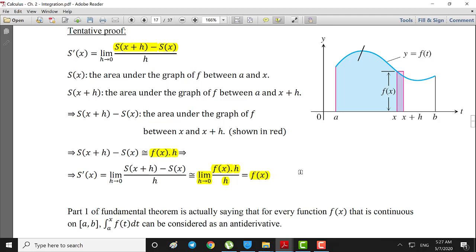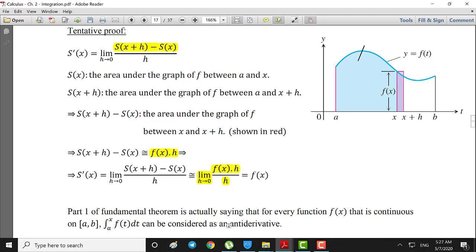Okay? Now, part 1 of the fundamental theorem is actually saying that for every function f that is continuous on the interval a to b, then the integration from a to x of f can be considered as an antiderivative, right?